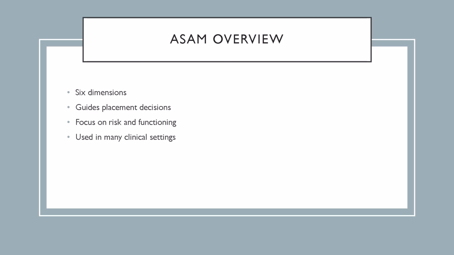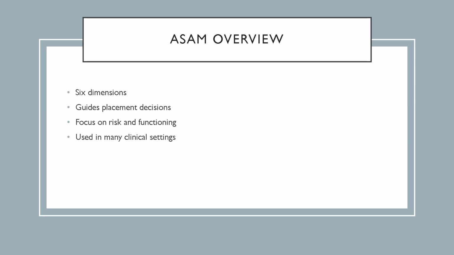So the ASAM criteria is one of the most widely used frameworks for determining levels of care in substance use treatment. Even if you're not formally completing ASAM assessments, understanding the framework is going to significantly improve your clinical thinking. So ASAM is built around 6 dimensions. Each one is evaluating a different aspect of the client's functioning and their risk.